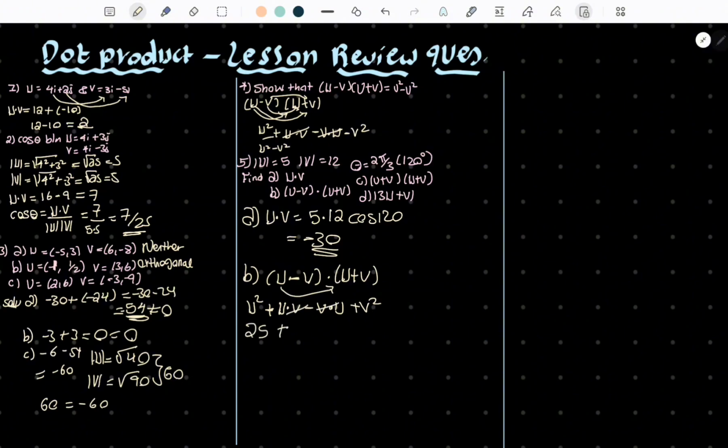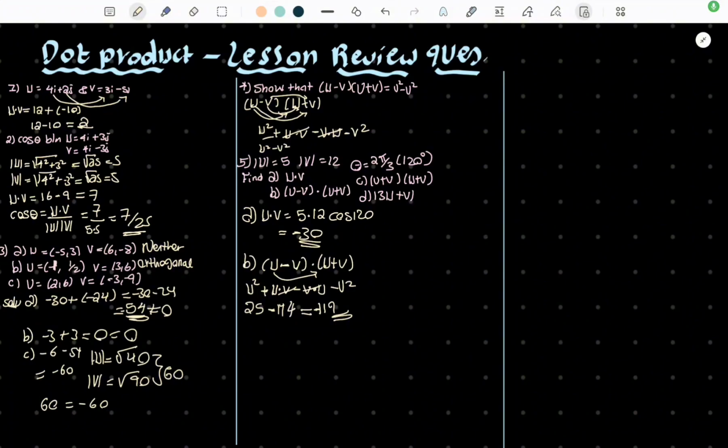And here, we're going to square 12, which is 144, which will give us minus 119. So 25 minus 144 is going to be minus 119.